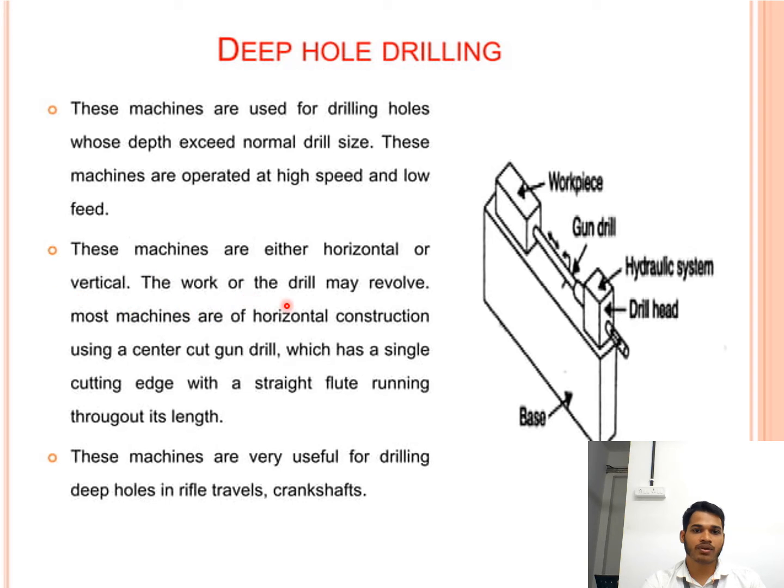Most machines are horizontal in construction, using a cylindrical gun drill, which has a single cutting edge with a straight flute running through its length. These machines are very useful for drilling deep holes in rifle barrels and crankshafts.